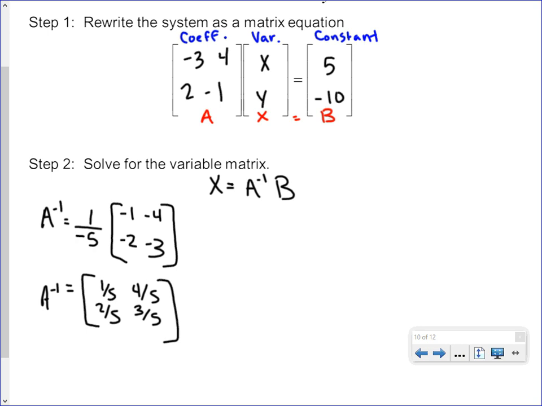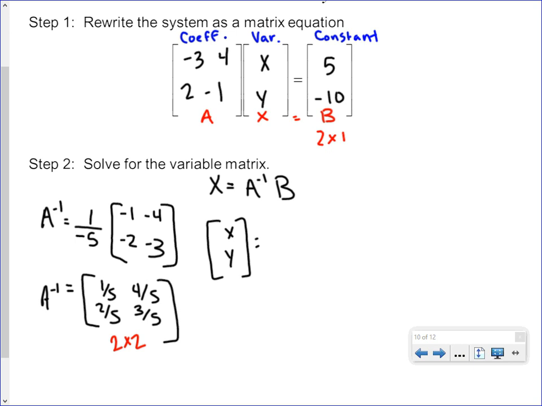Are we okay with what I did? Okay, now you have the inverse A, multiply it by B. Here's where you can kind of see why inverse A has to be first. This is a 2 by 2 matrix, and my constant matrix up here is 2 by 1.